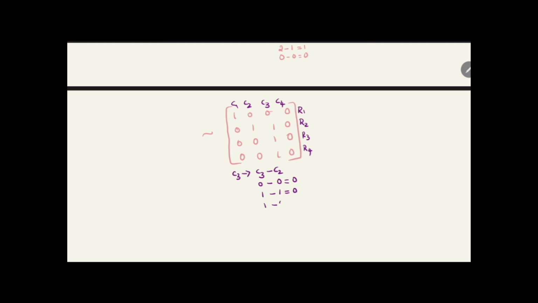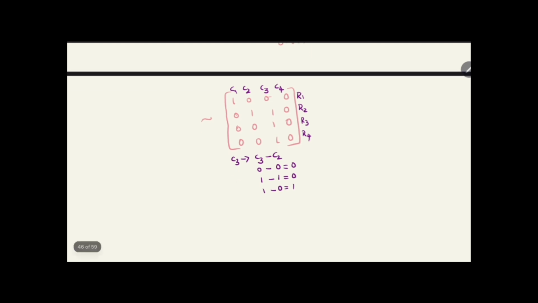It is 1 minus 0, 1. Okay. And fourth element of C3 is 1 minus 0, 1. Okay, now I will replace this C3 here.